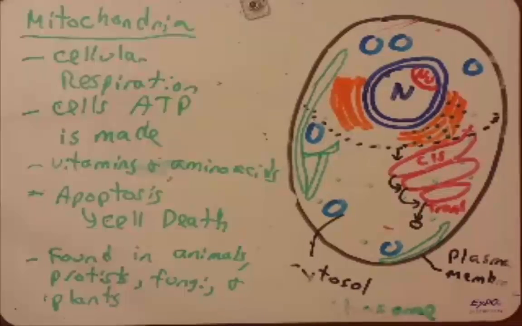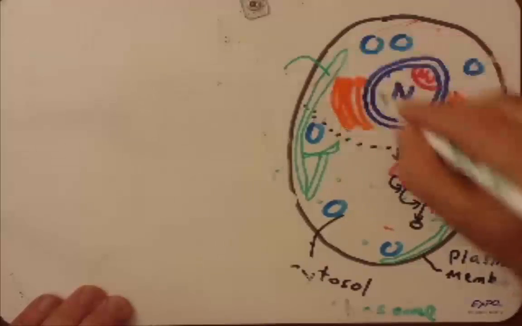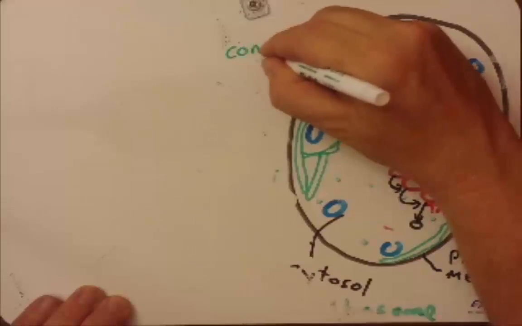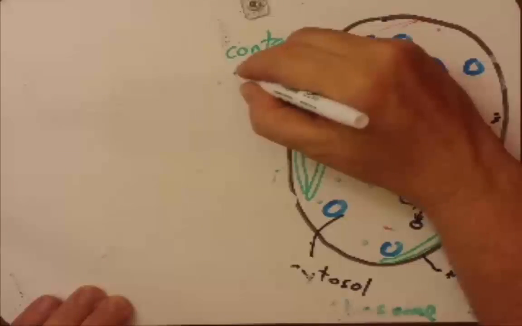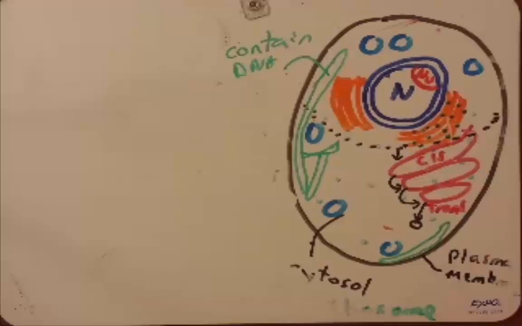They require mitochondria because the plants also need to generate energy through cellular respiration, and they use the mitochondria for that, just like we use our mitochondria. After I erase that, I forgot one more important thing I want to say about mitochondria, and that is that they contain DNA. Just like the nucleus contains DNA, so do the mitochondria.